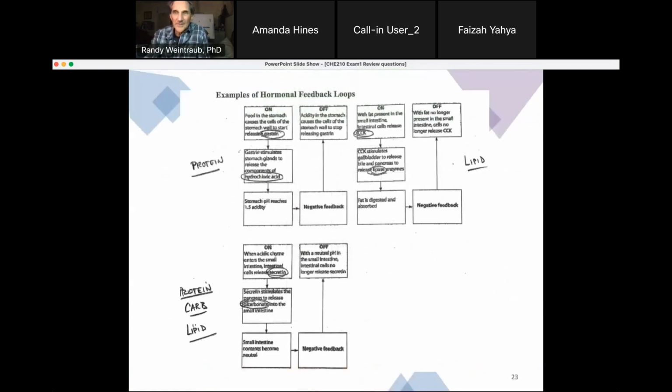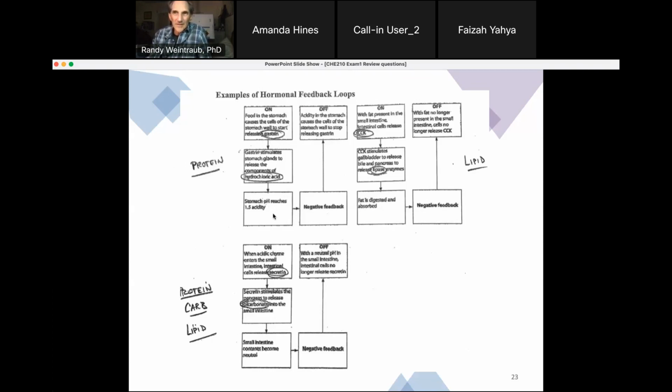It's important to recognize we have wonderful feedback loops that turn things off and turn things on, those hormones. And then there's an on-off switch, so the one we see at the upper left: food in the stomach causes the stomach to produce gastrin to produce the HCl.